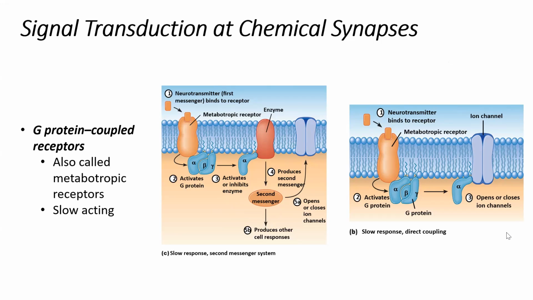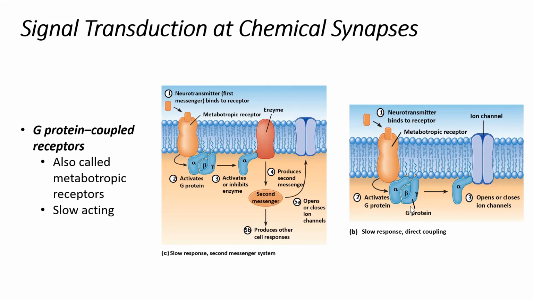Another model of how this slow response takes place is called direct coupling. So not necessarily involving any second messenger as we see in this first model, but in the second model here, we have the neurotransmitter binding to our metabotropic receptor, the receptor being coupled or associated with or connected to a G protein.